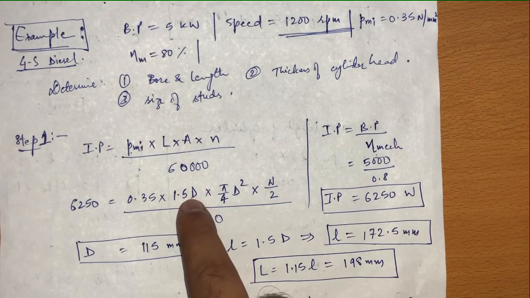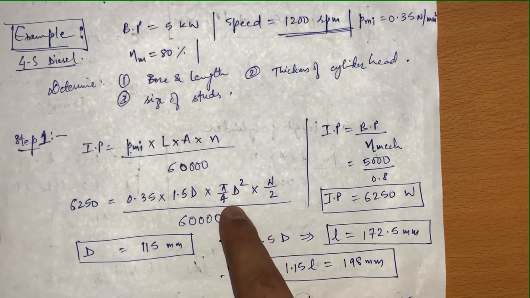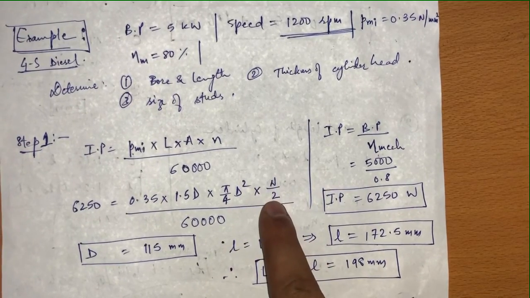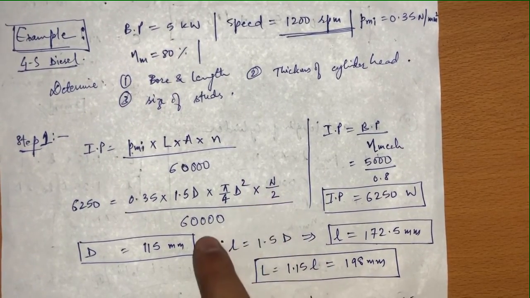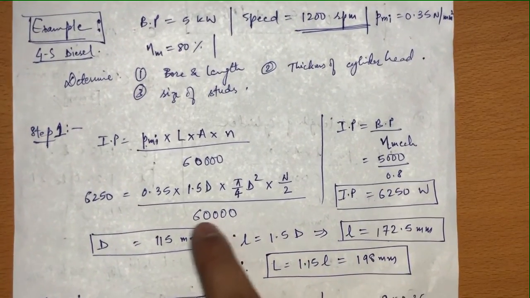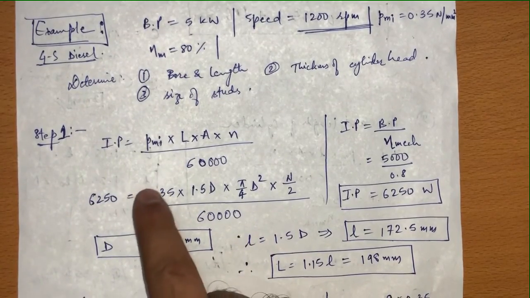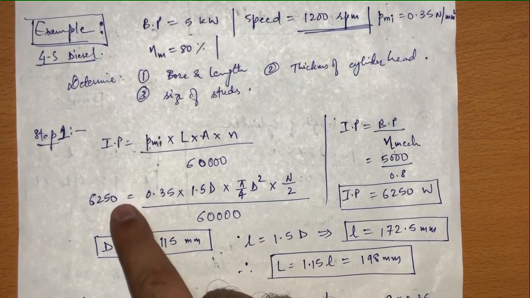We all know that L is given by 1.5 times D, and area of a cylinder, or a cross section of circle, is given by pi by 4 D square, and small n is substituted as N by 2, divided by 60,000. As we are putting the value 60,000 here, this value is in watts. If I substitute watts here, then I have to take this value in kilowatts.